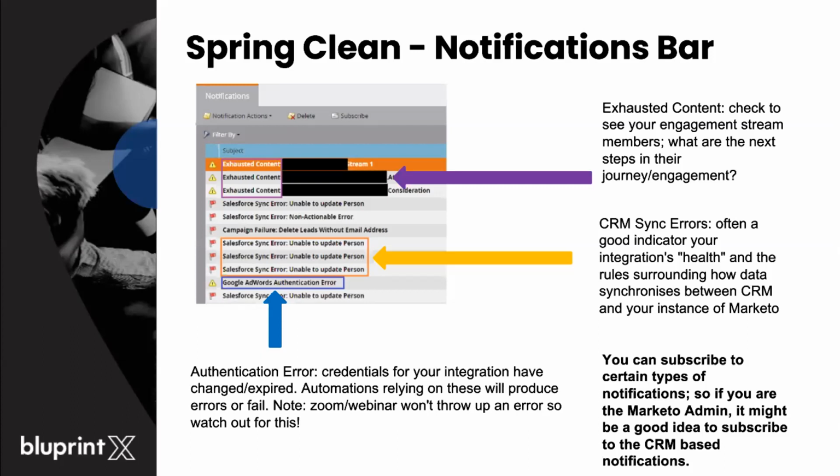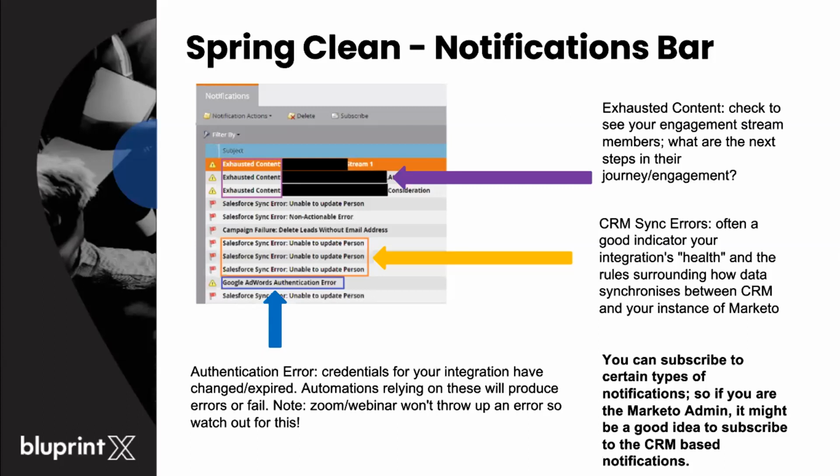So if you have external or ad bridge, any form of most integrations, except for webinars, funnily enough, but for most credentials that have integrations, if they've changed or expired, any automations relying on these will produce errors or simply fail.